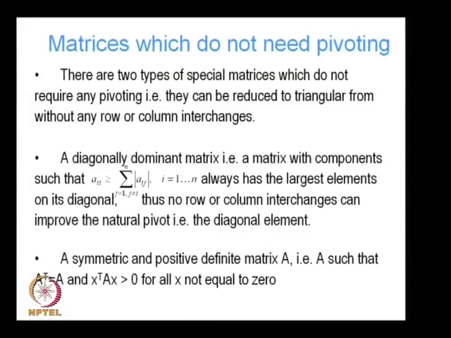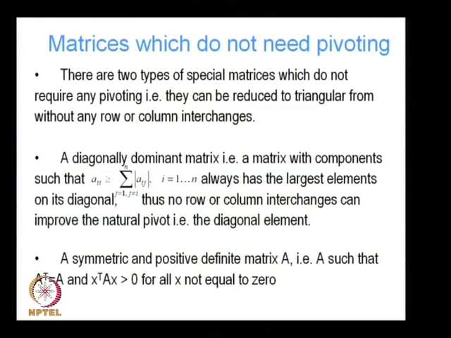It always has the largest elements on its diagonal, thus no row or column interchanges can improve the natural pivot, that is the diagonal element. Since the diagonal element is the largest element in the row, it always is assured to be non-zero.